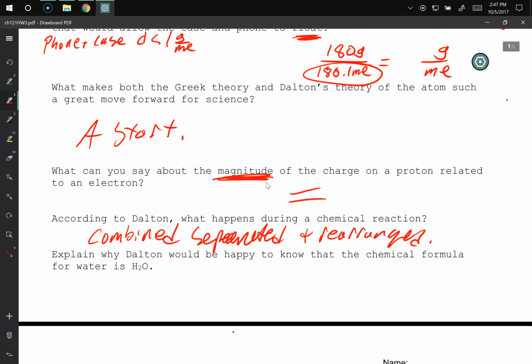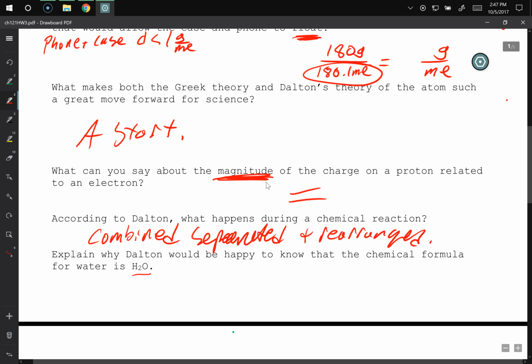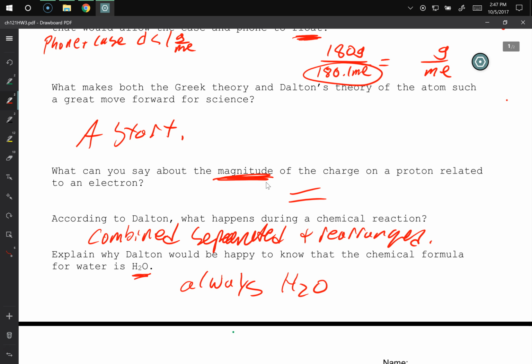That's it. Why is Dalton happy to know that the chemical formula for water is H2O? It's always H2O, and it's simple whole number ratios, right? It's a 2 and a 1. That's the end of it.